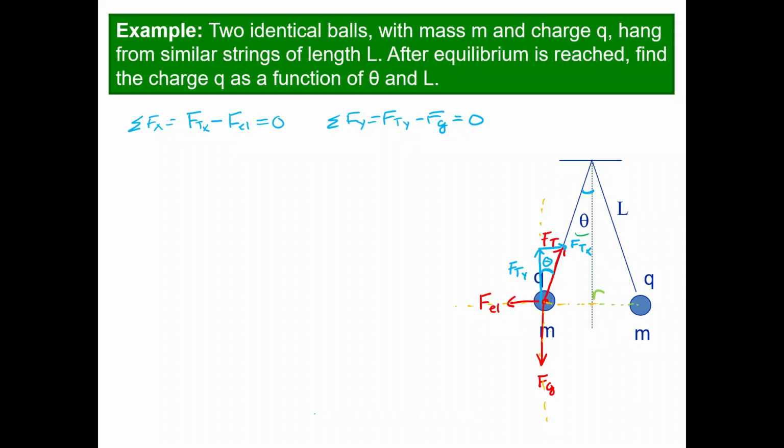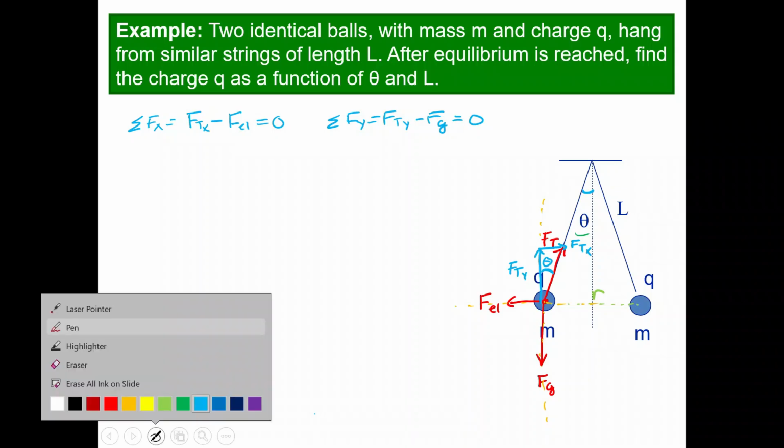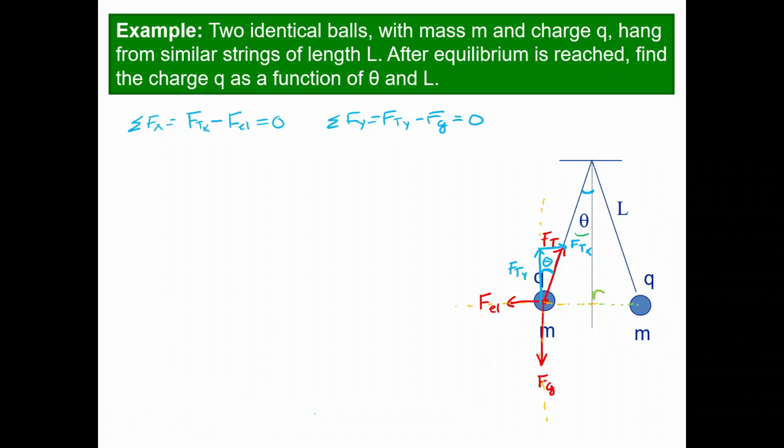So depending on your teacher, you might have used different symbols for the forces and so forth. It does not matter as long as you're using an acceptable version that communicates your forces well. This is just the way that if I was teaching 1401, this is how I would have set up my forces. So then this tells me that my tension force in the x direction has to equal my electric force.